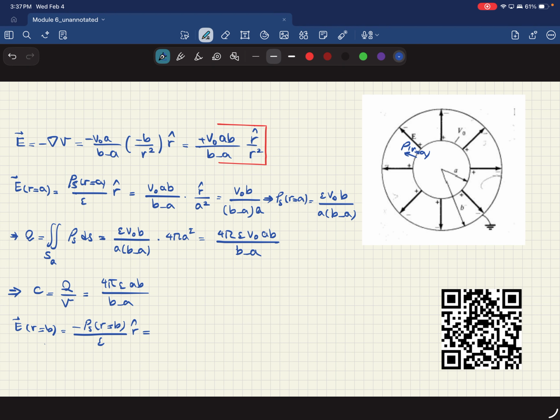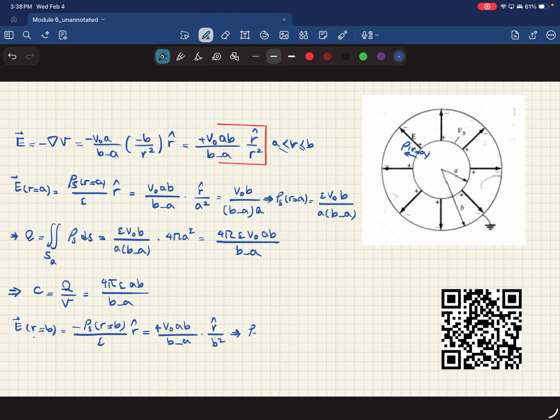Now, let's plug in R equal to B in our E formula. And this is R between A and B. There is a minus here, so we put the minus, right? No, sorry, it's in the R hat direction, but this is correct now.